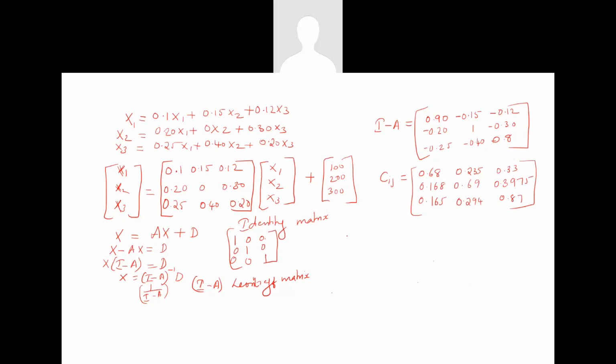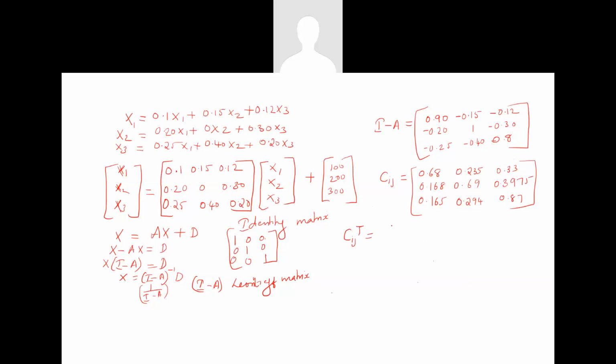Now, what is basically the adjoint of A? We are trying to find the inverse of I minus A. We have already seen what I minus A is. Based on that, we have computed the minor and the cofactor. Now we want to find the adjoint. For that, first we have to find the transpose of the Cij matrix, that is Cij transpose.